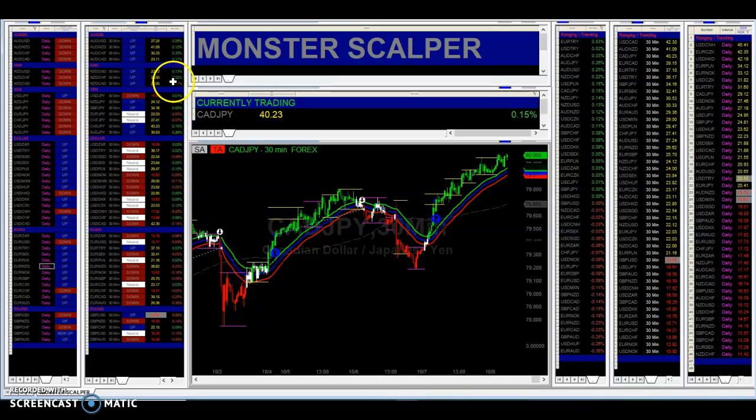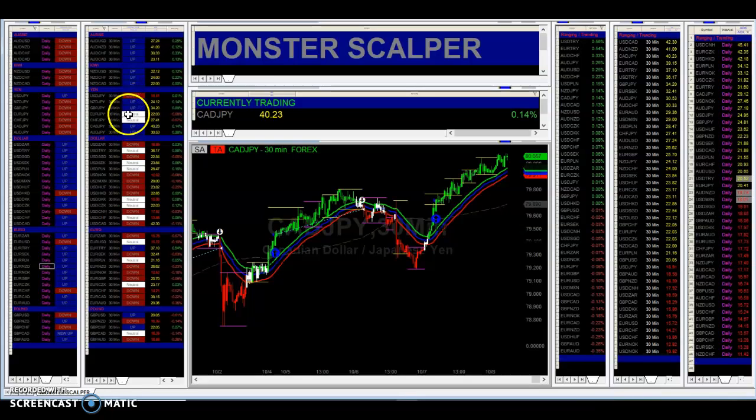Another thing I also look at is over here. So we're in CAD yen, all right? So we want to make sure that it's great if we can get our foundation to be in the same direction, but this is a counter trend trade. So we know that the trend is down for the yen pairs, okay, but currently up and neutral.